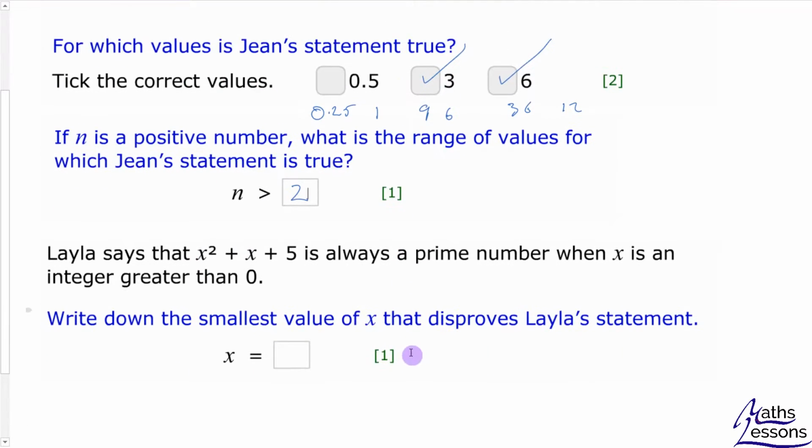Right, let's just think about this. I want to give you 30 seconds to think about that and see if you can come up with a value that disproves their statement at the end here. My hint is to think about factors.